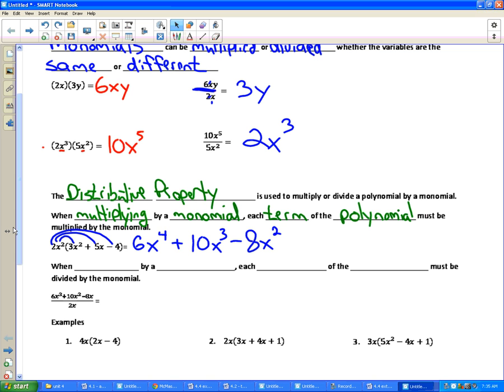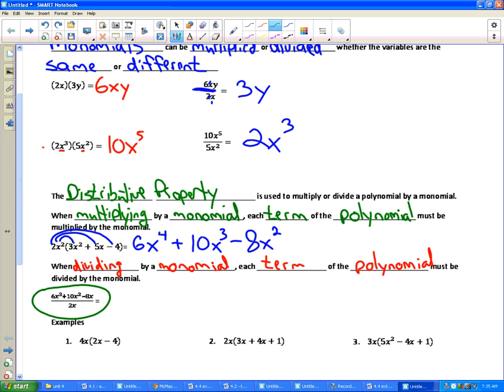Our next part says when dividing a polynomial by a monomial, each term of the polynomial must be divided by the monomial. Now I'm going to expand this question here so that we can see it.